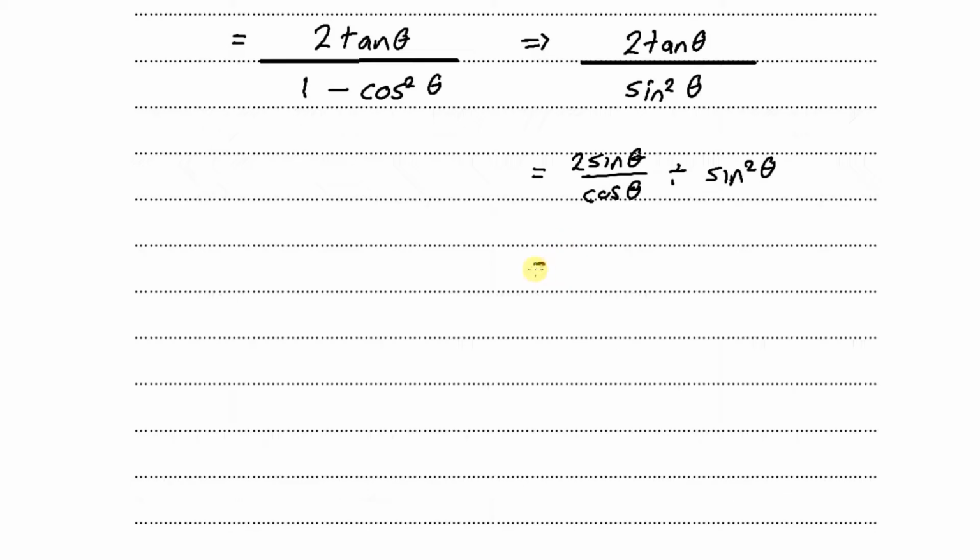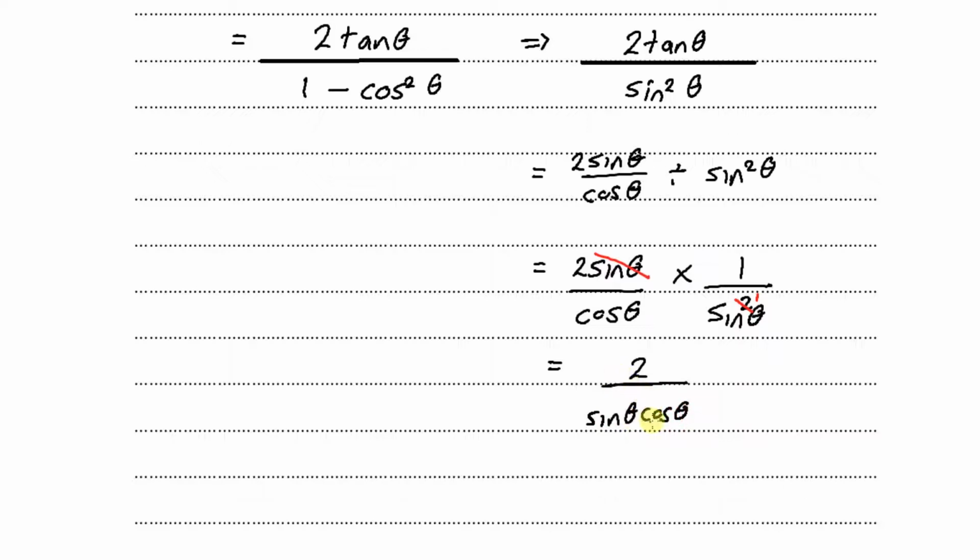So we can say it's 2 sine theta divided by cos theta times 1 over sine squared theta. So here sine theta will divide into sine squared theta, and we get a single sine theta. So we'll now be having at the top 2, and at the bottom cos theta times sine theta is sine theta cos theta.